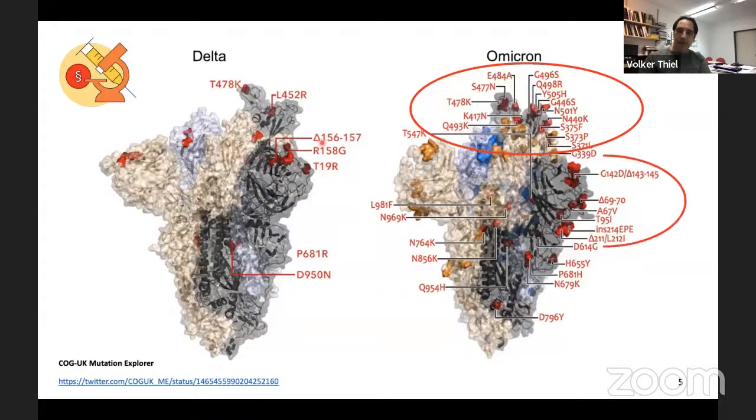Another part is the so-called N or amino terminal domain, where we have seen before in other variants that here are important epitopes where antibodies can bind to, and also neutralizing antibodies. And also here we see an accumulation of mutations. And finally, the famous cleavage site.